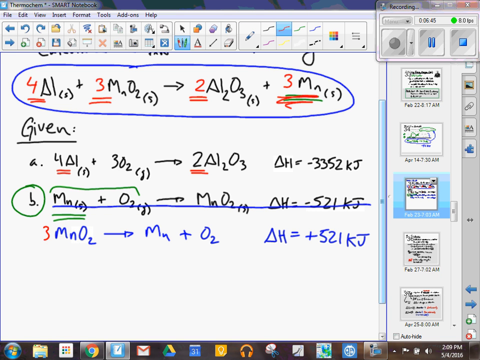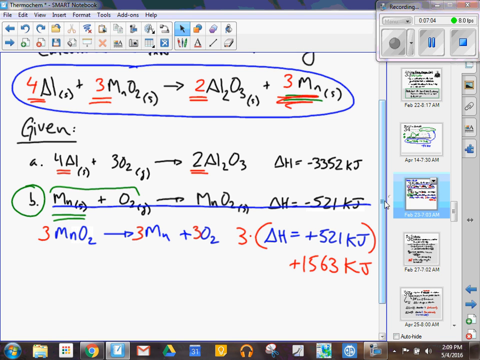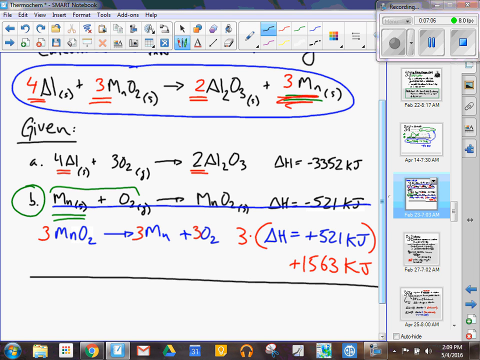So I'm just going to take this whole mess, I'm going to multiply it by 3, which means I also need to do that to the heat. I'm tripling the amount of material that I'm decomposing, so I've got to triple the amount of heat added to do that. And when I multiply that, I get 1,563 kilojoules, and now I'm at a point where I can add up both of these reactions.